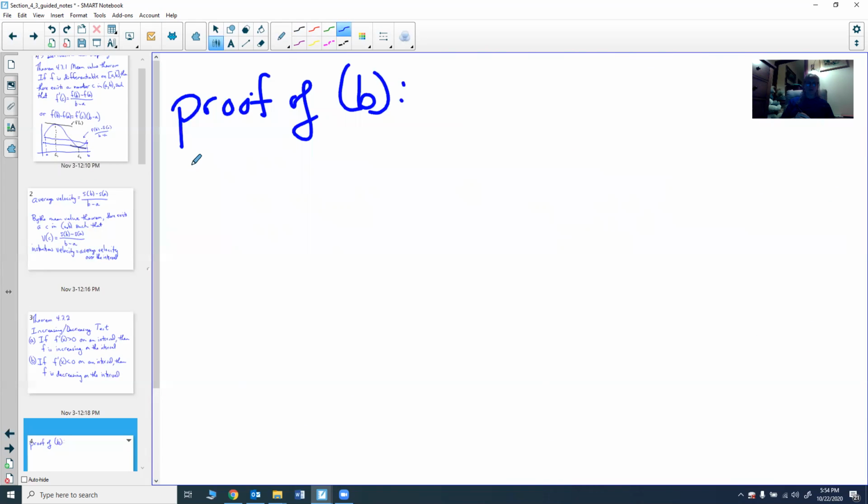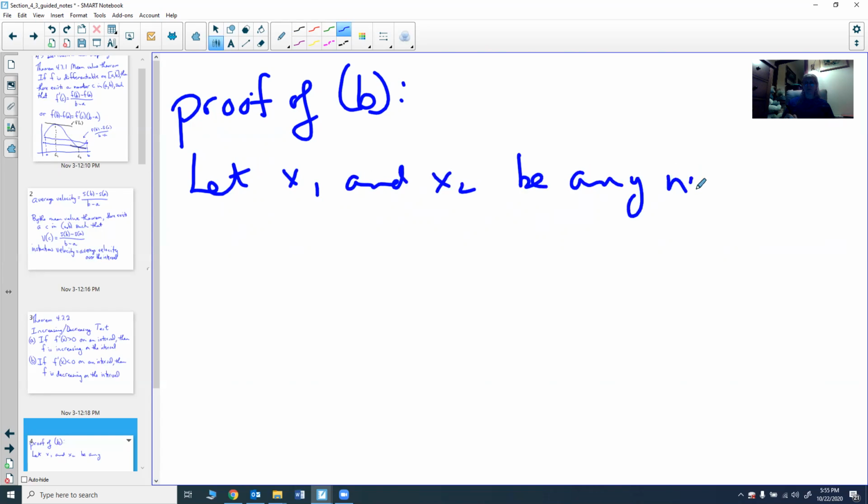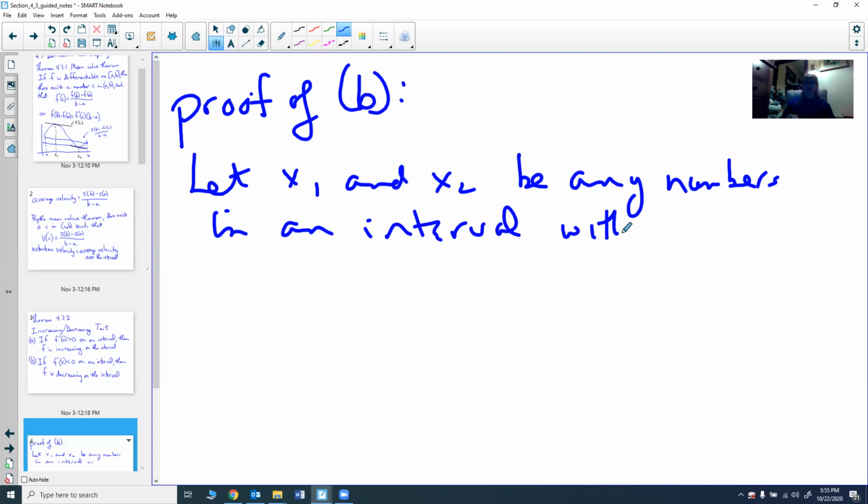First off, we need to make some assumptions. We're going to let x1 and x2 be any numbers, because there's two of them, in an interval with x1 less than x2.